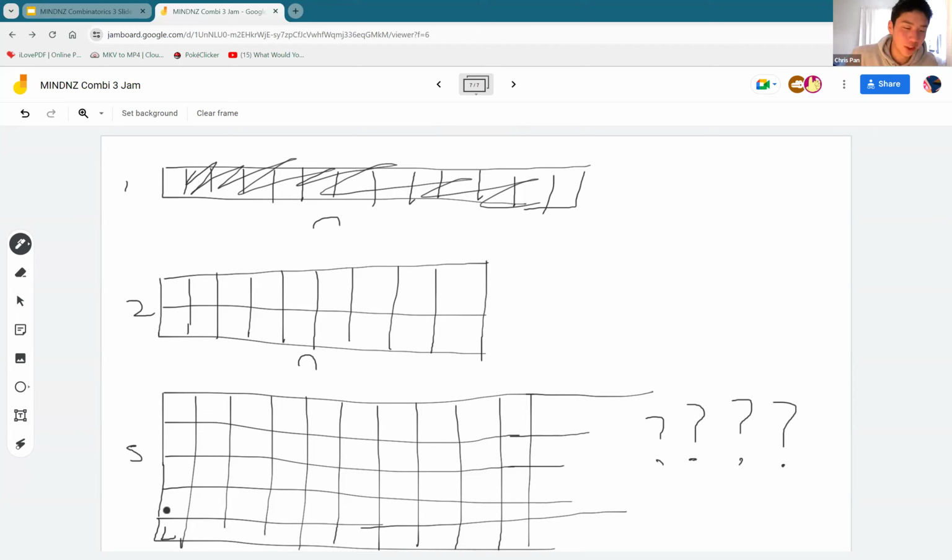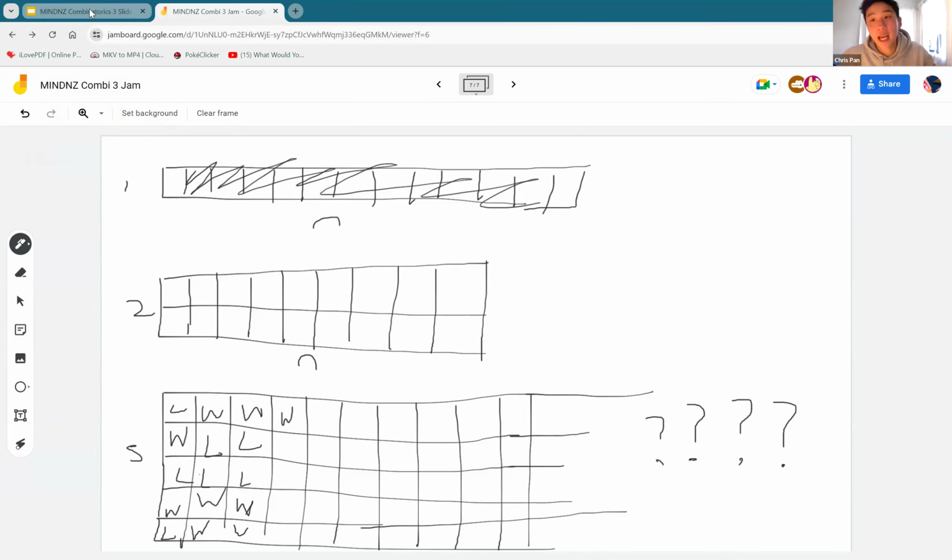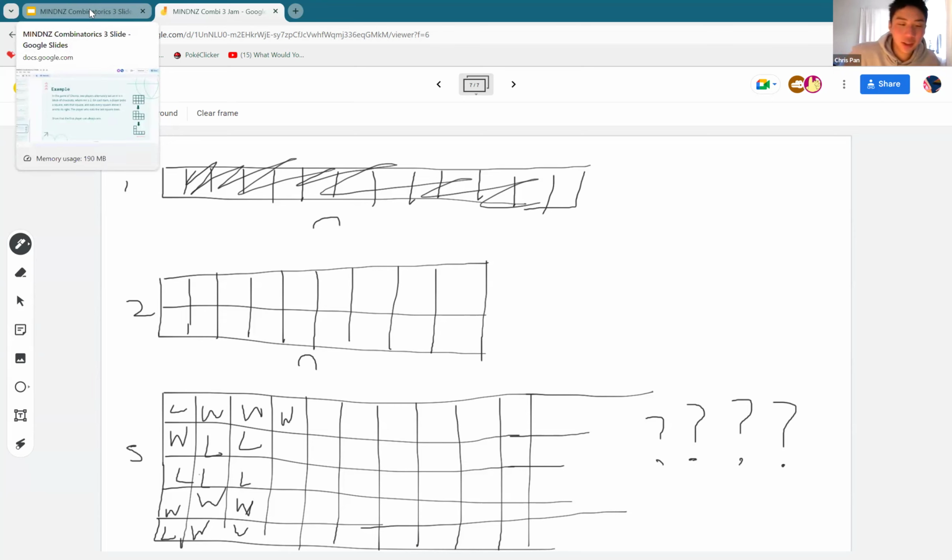Maybe it'll be losing, winning, winning, whatever, or completely random, and you won't be able to find a nice strategy that describes exactly what you can do to win or lose. So sometimes positional analysis might not necessarily help, but it helps for simpler games where you can just describe which positions are winning and losing quite simply.